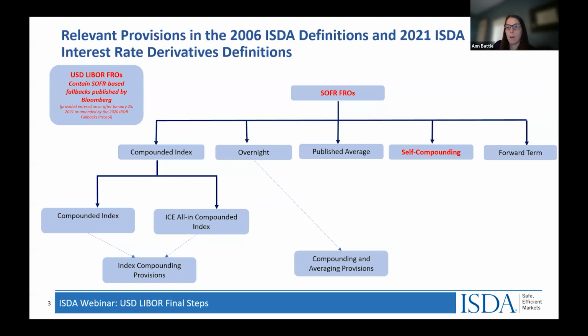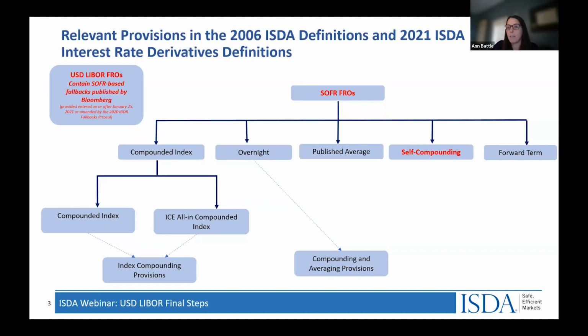As I think is well known, the significant majority of interest rate derivatives are based on SOFR, and that's predominantly using, if you look at the red box in that second row, the self-compounding SOFR FRO. And that's the FRO you're using if you're using SOFR compounded in arrears with standard OIS conventions. And so again, those are new floating rate options. So those confirmations reference SOFR itself.